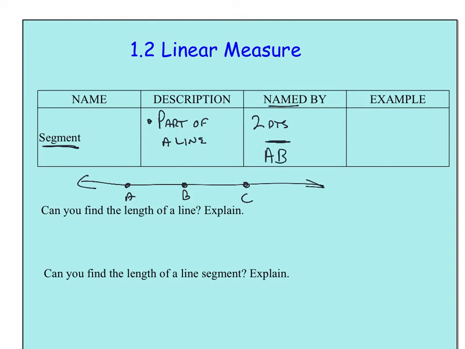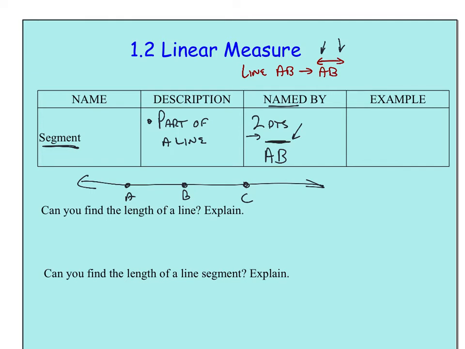If I have segment AB, I just have that. Notice how that is different than line AB, which would be represented by this. This line AB has 2 arrows on it, right? The segment has no arrow. That's the difference. It's a subtle difference, I'll grant you, but that's the big idea.